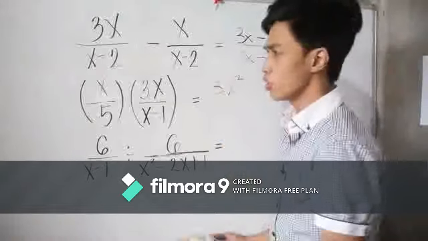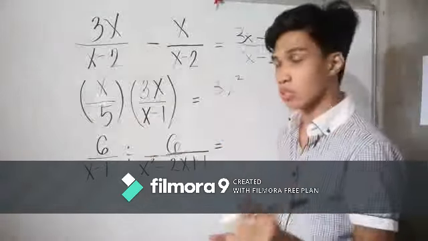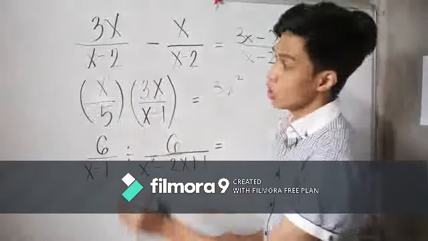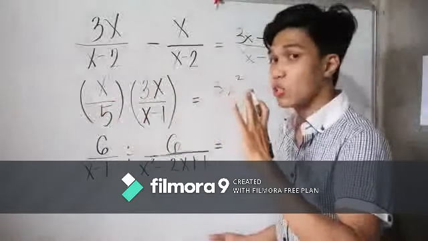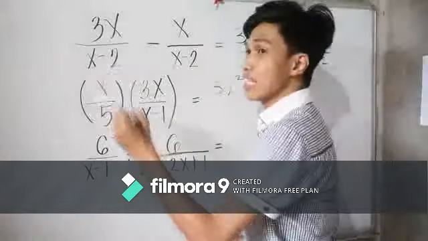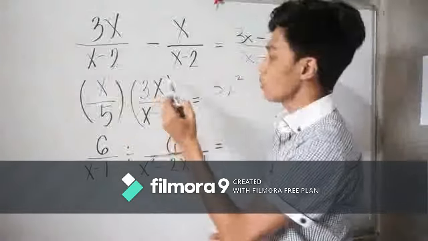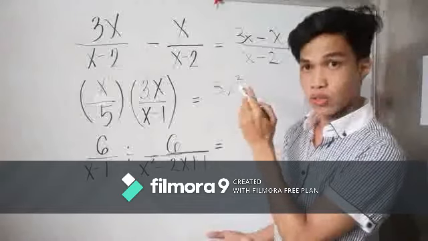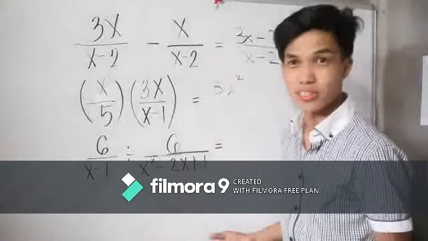Sir, why x squared? In multiplying variables, we just add the exponents. Even if we don't see the exponent, it is automatically 1. So 1 plus 1 is 2. That will be 3x squared.